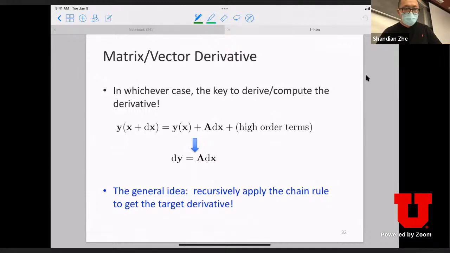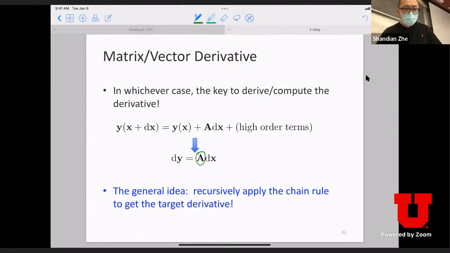But in whichever case, to calculate the gradient, the key is to get the derivative. No matter which notion you want: if you want notion one, you just use the derivative; if you use notion two, you take the transpose of the derivative. In either case, what you need to derive is this term.